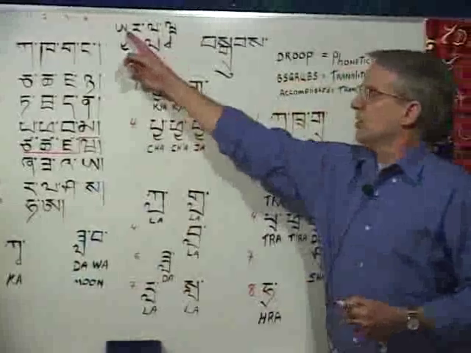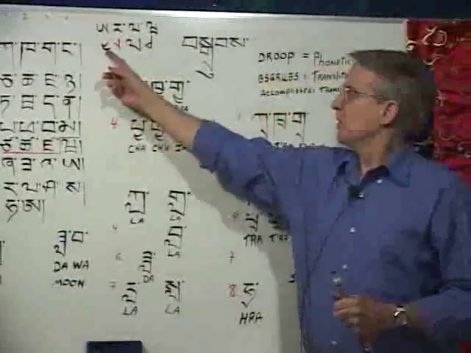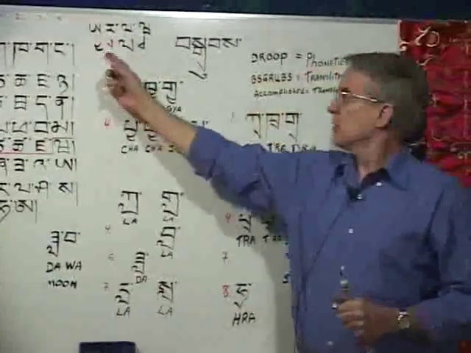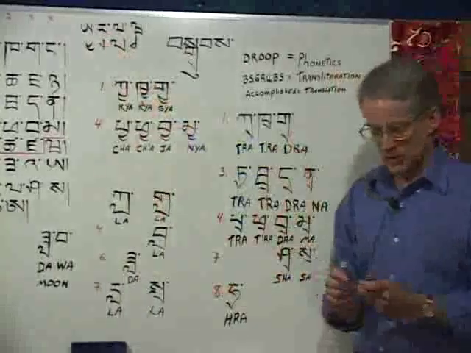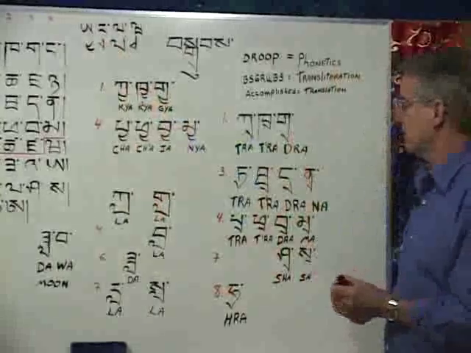The letter Ya is subscribed like this, the letter Ra like this. Now there are 14 consonants that can have Ra subscribed beneath them.